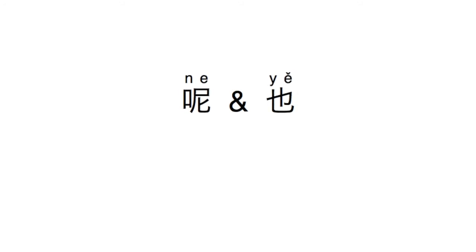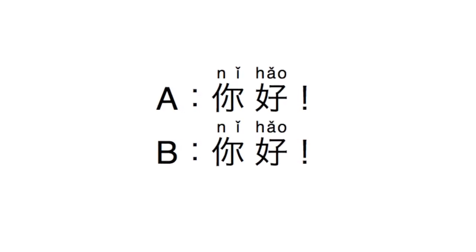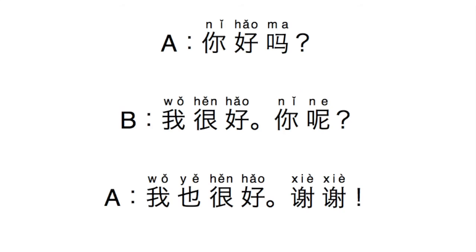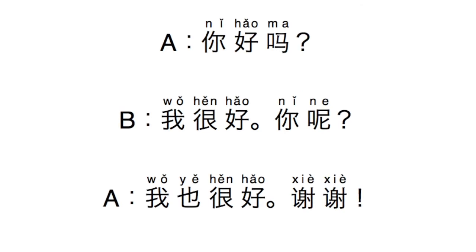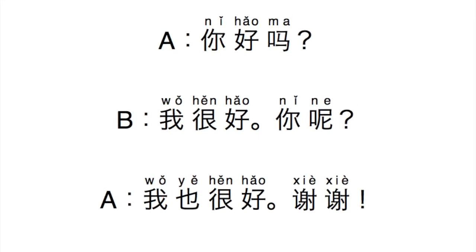Let's observe how they're used in the following complete conversation. 你好你好你好吗? 我很好你呢? 我也很好谢谢.